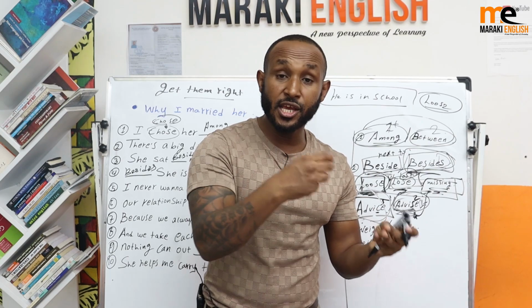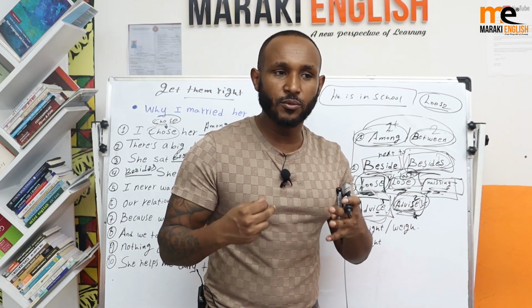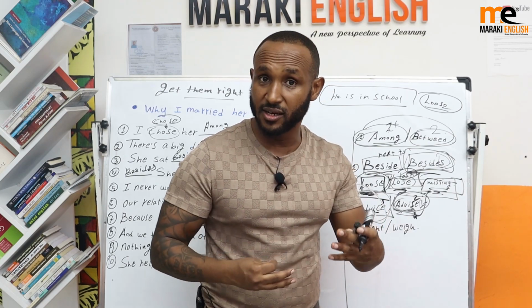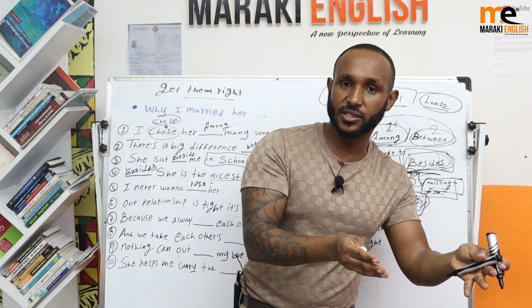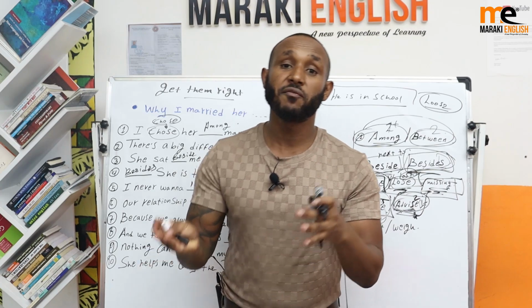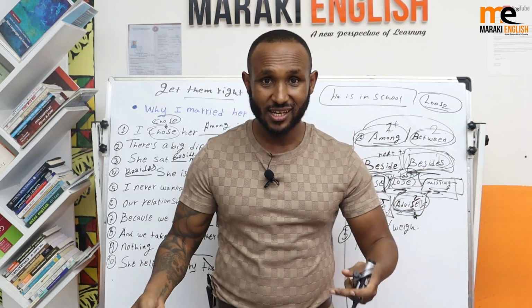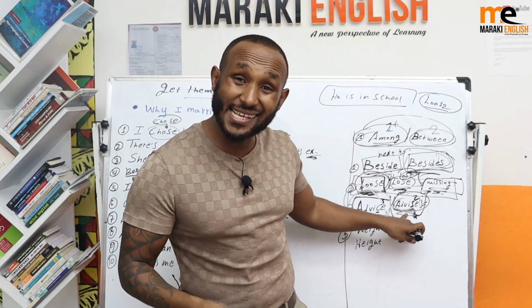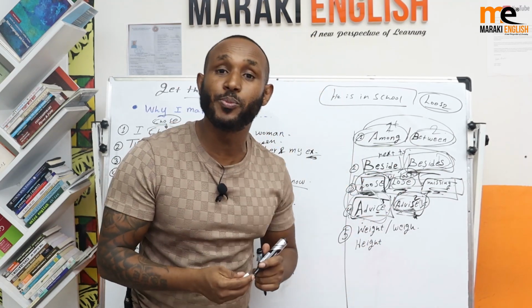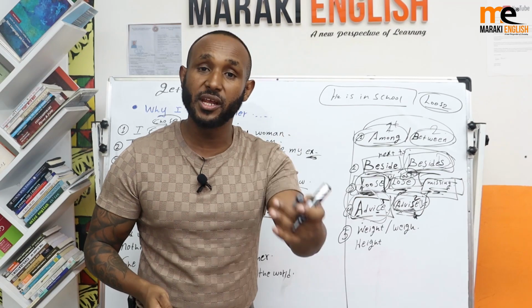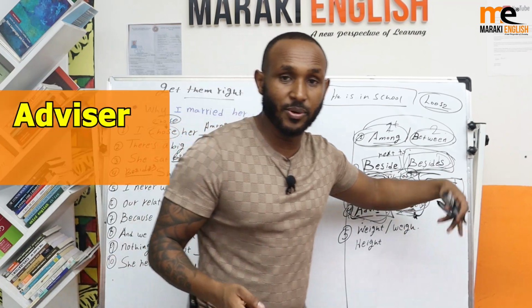Usually, if we add ER to verbs, it becomes the person who does it, right? You have drive, and you say driver. Teach is the verb, you have teacher. So just like that, we have advise, which is to tell someone what's better for them, or to tell them your opinion. And then advisor is the person who does it.